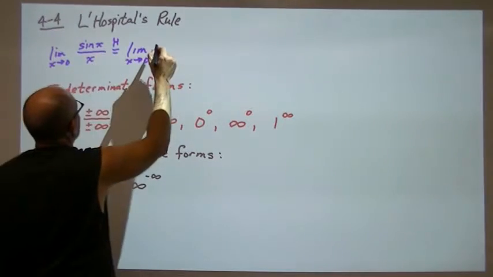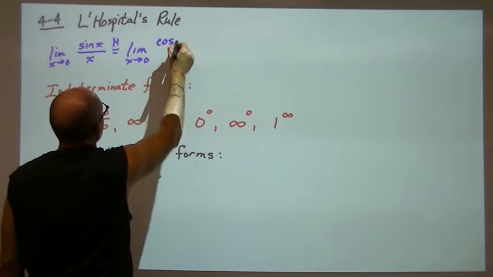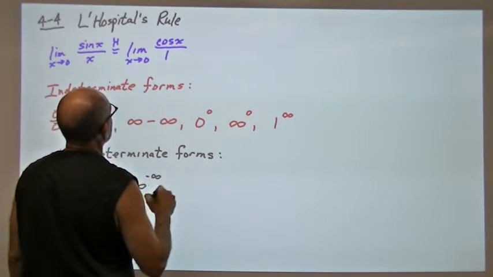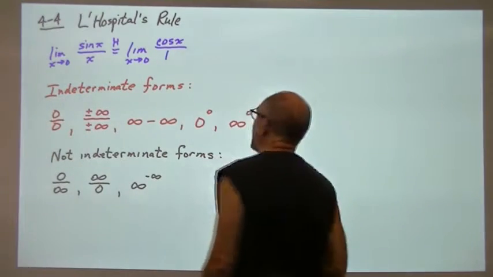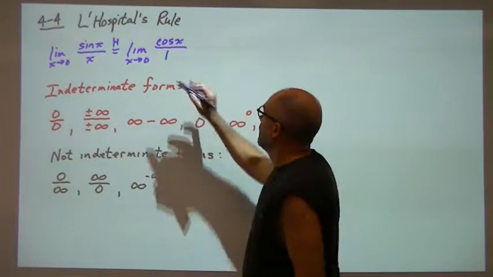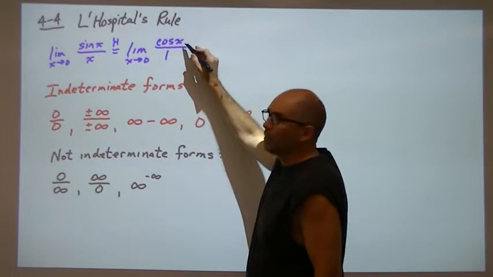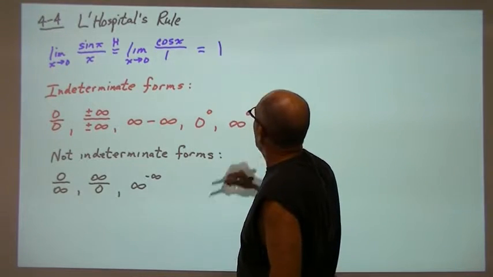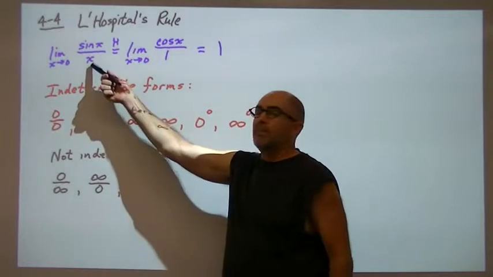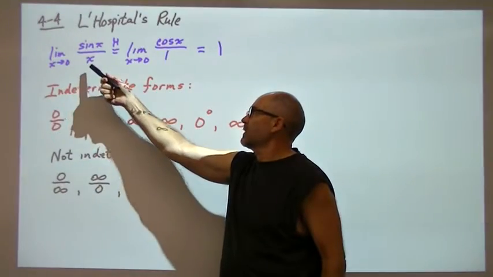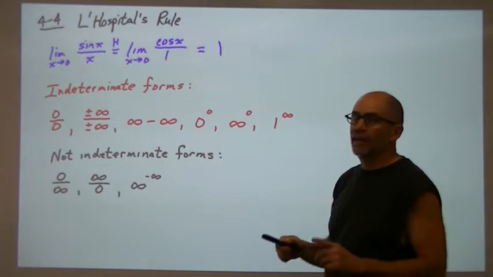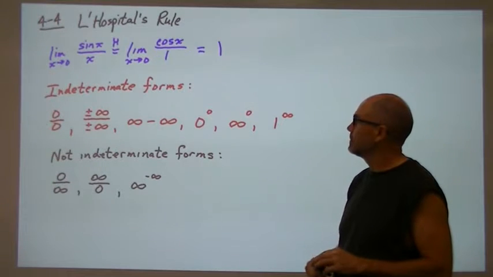So derivative of sine is cosine, and the derivative of x is 1. Now, I can evaluate this limit, because cosine of 0 is 1. So, I've just proven what we memorized from before, that the limit as x approaches 0 of sine x over x equals 1, by using L'Hôpital's rule.